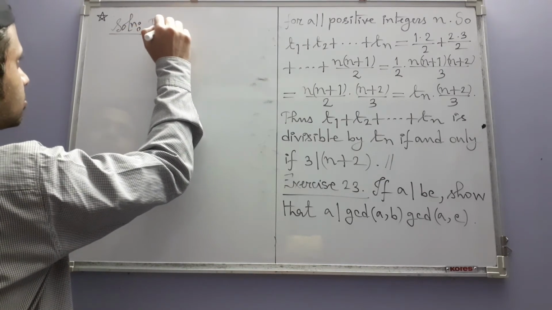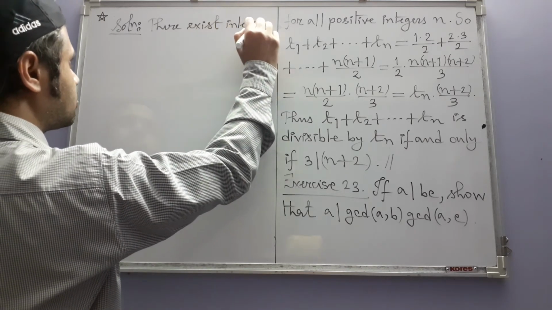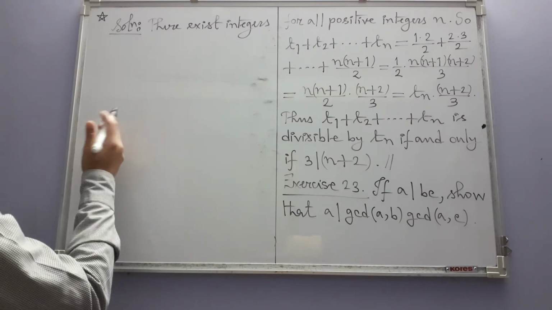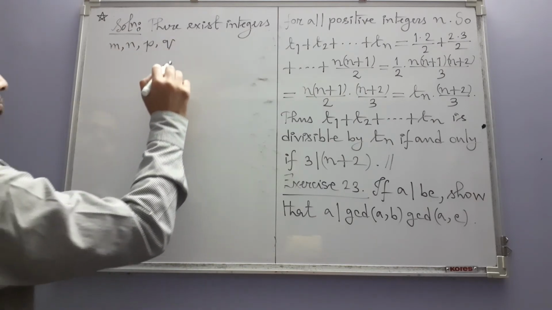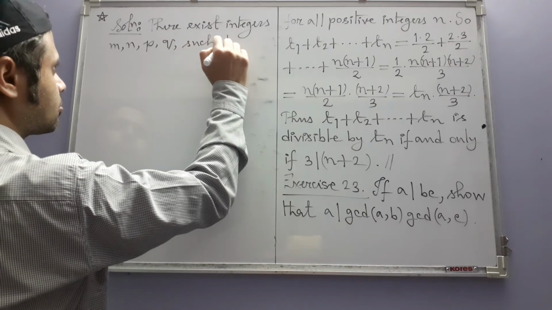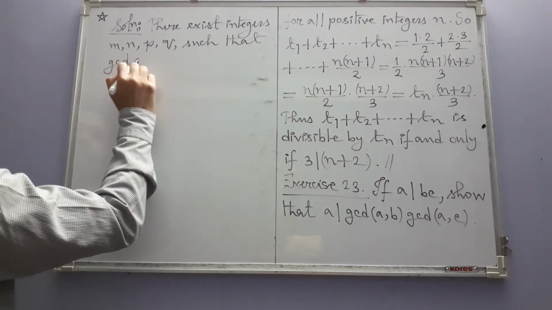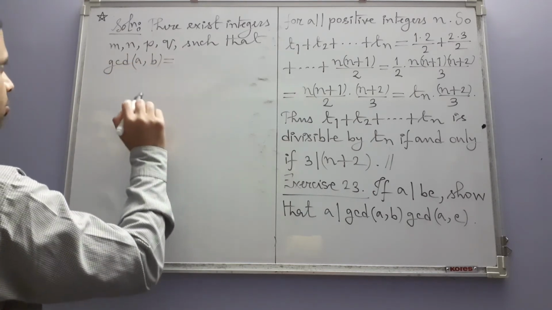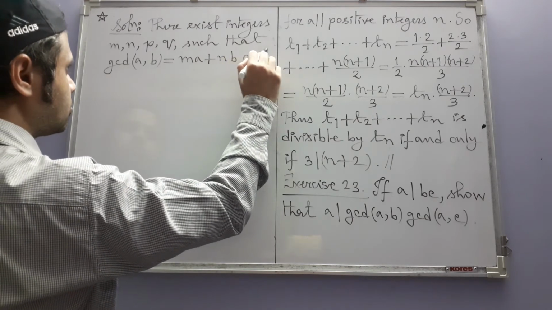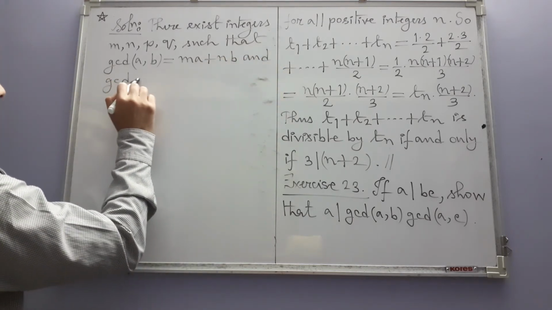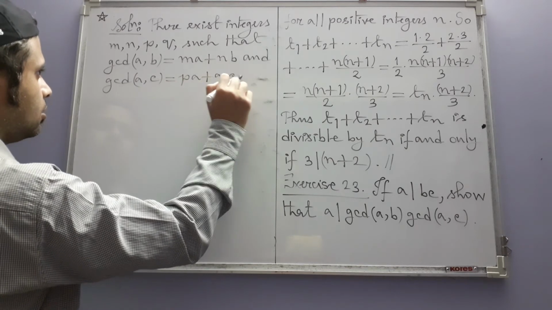There exist integers, say m, n, p, q, such that this greatest common divisor is ma plus nb and the other GCD is pa plus qc.